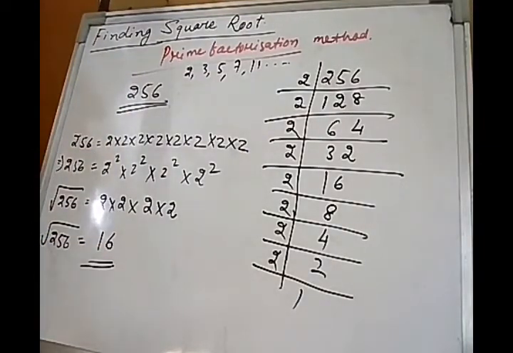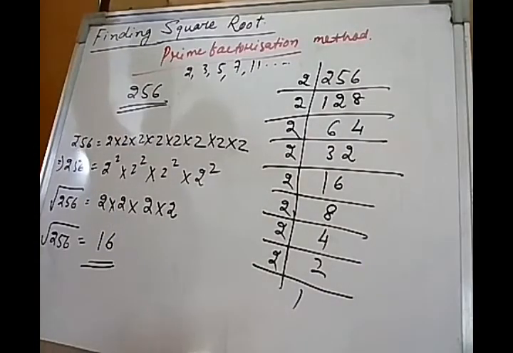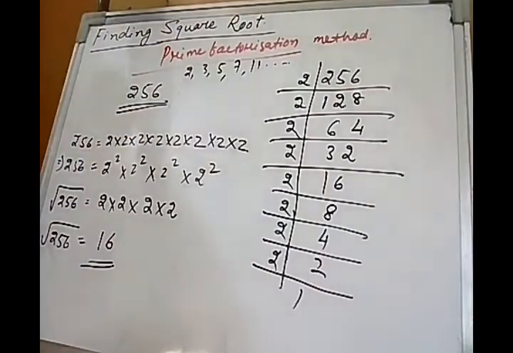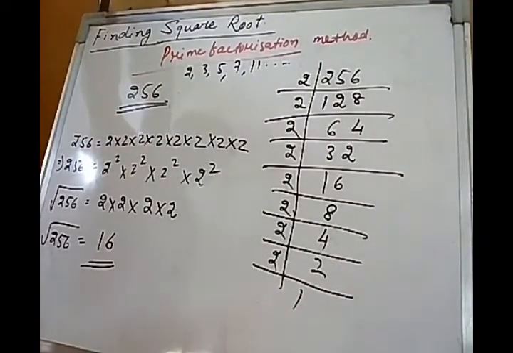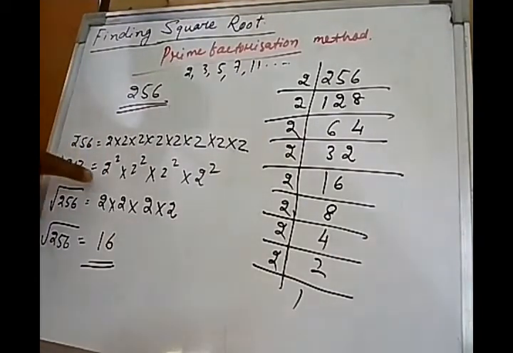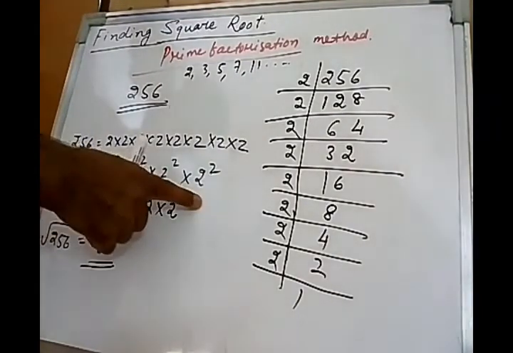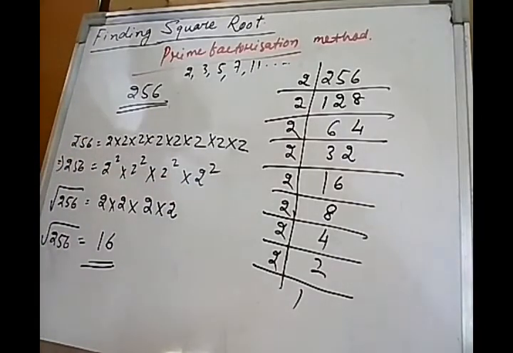This way we can find the square root of any square number with the help of the prime factorization method, and we can say how to check whether the number is a square number or not. Now if you see here, 256 is the square of this. So 256 is a square number.